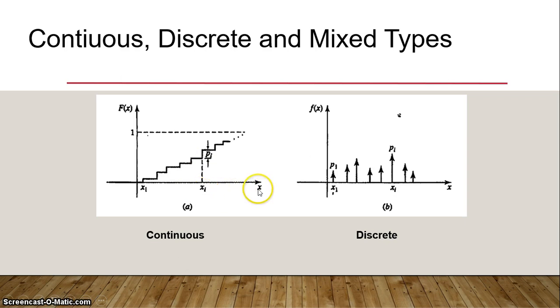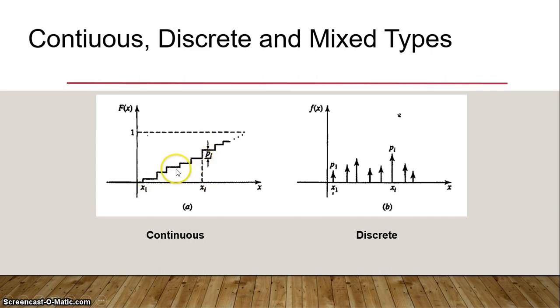That means if X is taking an outcome of xi, then the probability of X equal to xi is given by this step. So it's just a discrete value. Probability is nothing but a discrete value at that instant.